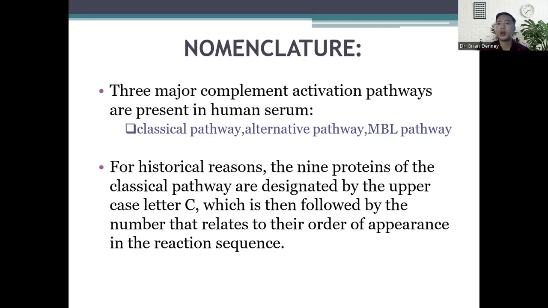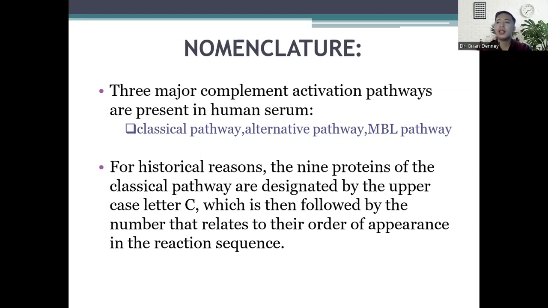How come now C4 goes next to C1? You told us, Doc, that they are arranged according to their order of appearance in the reaction sequence. So C1 must originally be followed by C2. Again, there is an exception to that rule. It's because complement proteins were actually named in their order of discovery before their function was known to us.